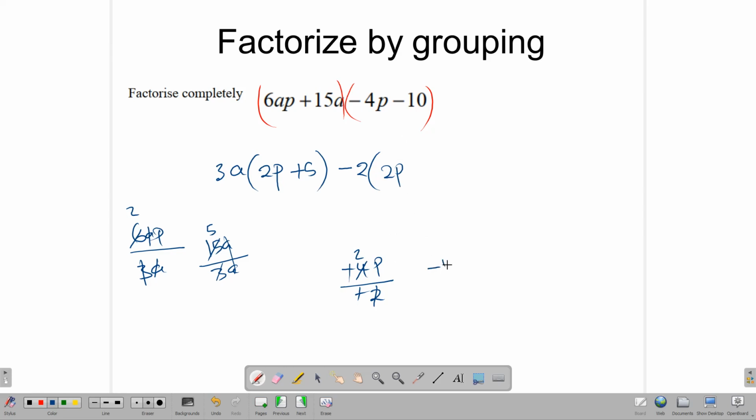And then we have a negative 10 divided by a negative 2, and that gives us a positive 5. And we're almost done. So we can take our outside factors, write them down together. That gives us 3a minus 2, and write back one of our brackets, 2p plus 5, and that's our answer. We are done. We have factorized completely this expression.